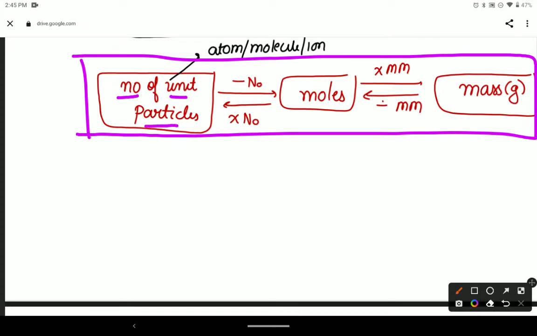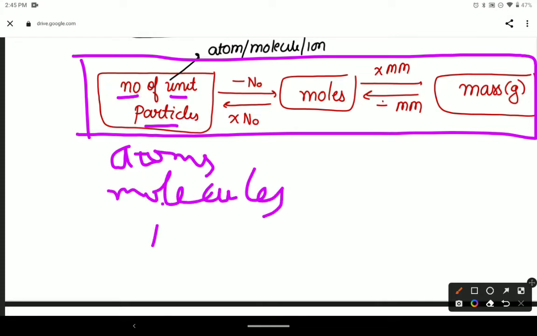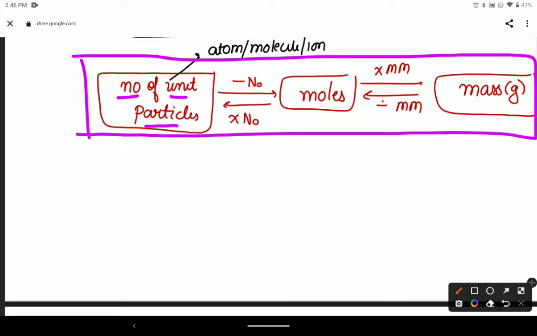Unit particles are nothing but the number of atoms, number of molecules, number of ions, everything is considered as unit particles. Okay, hope you understood, right? So number of unit particles, here number of moles, here mass in grams.